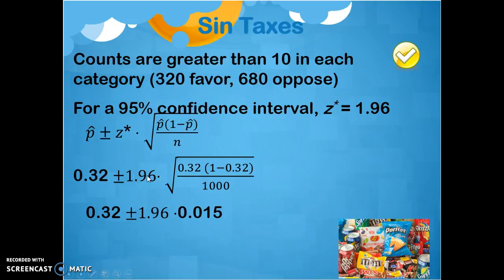And the formula for standard error for a proportion is just the proportion times 1 minus the proportion, divided by the sample size, square root. So we just plug in the numbers, we get some math, and we obtain a 95% confidence interval on this population proportion of about 0.291 to about 0.349.